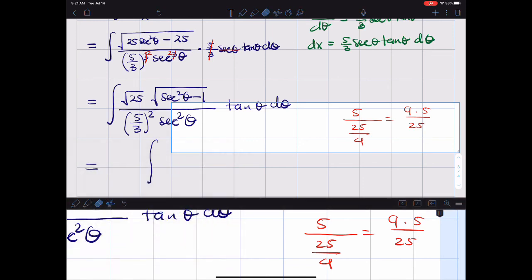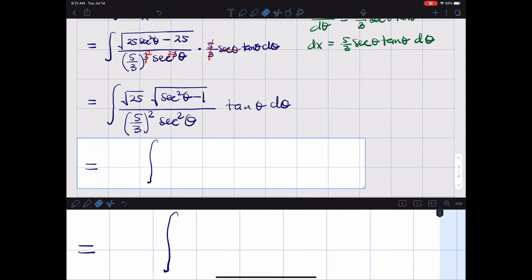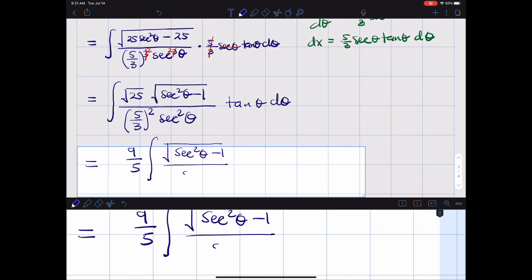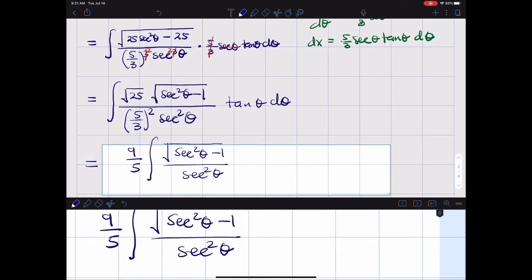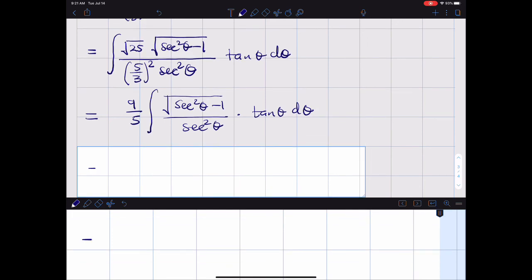All right. Okay, so outside, we're going to factor out a 9/5. And then inside, we still have the square root of secant squared theta minus 1, over secant squared theta, times tangent theta d theta. Okay, I don't know how this is working out so far, but something is making me uncomfortable, but we're going to be fine, I think.